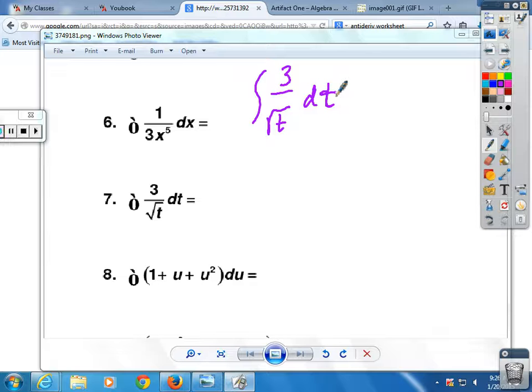Pull the 3 out. And we get 3 times the antiderivative of dt over t to what? 1/2. Say again. Use your algebra.